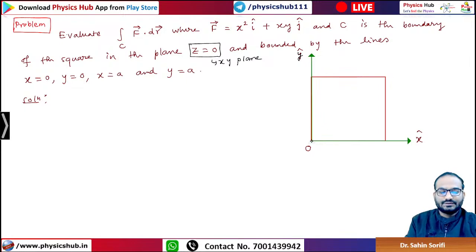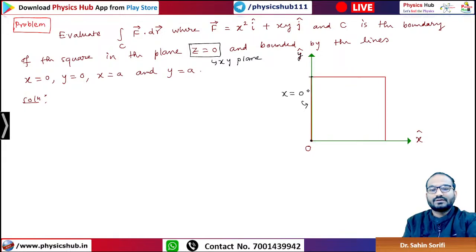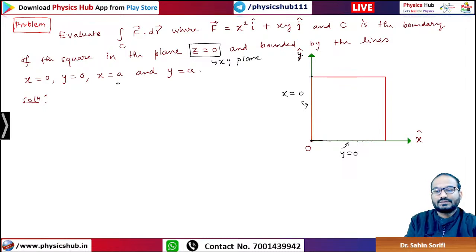Bounded by the curve x equals 0. Which one is x equals 0? This line is nothing but x equals 0. On each and every point of this line, x will be equal to 0. Y equals 0 is obviously this line; whatever point you consider, y will be equal to 0. X equals a will be this.